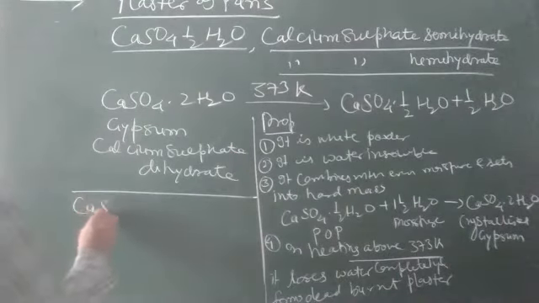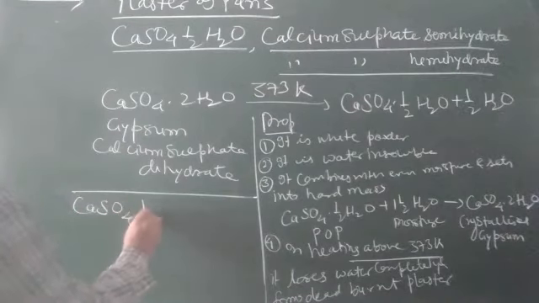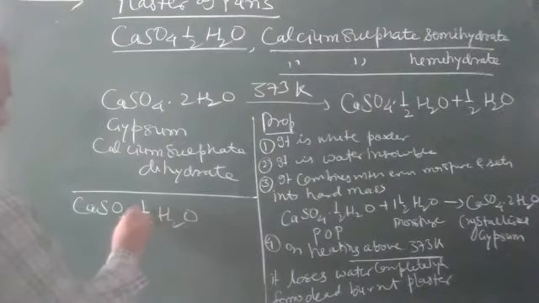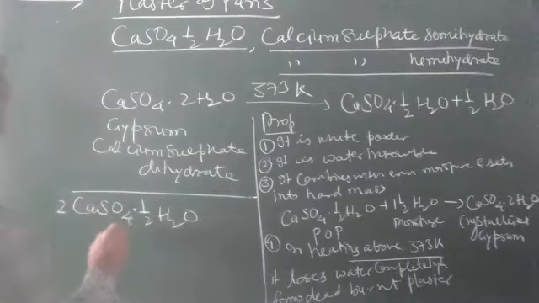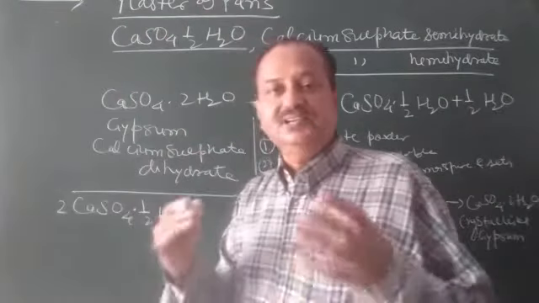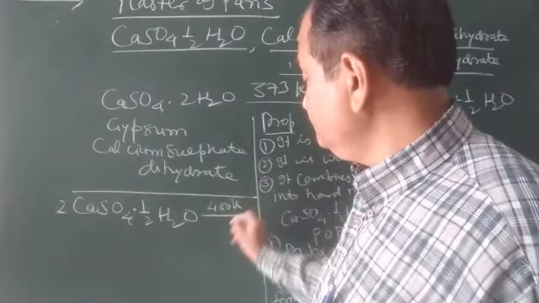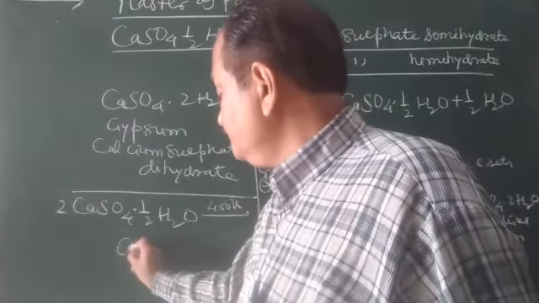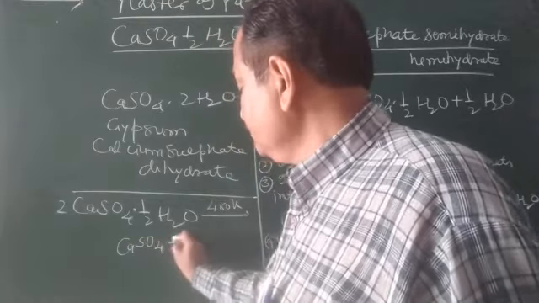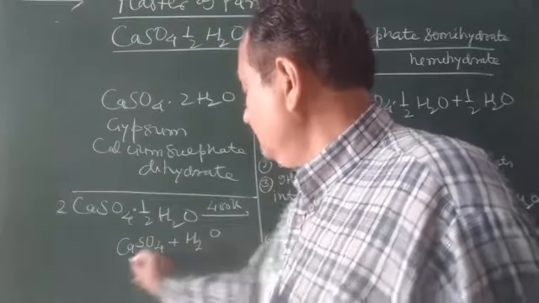If you take this CaSO4 half H2O, each child keep the dot here. Dot means not multiplication, just addition. So here if I write 400 Kelvin, we get CaSO4 plus H2O. And what is this?